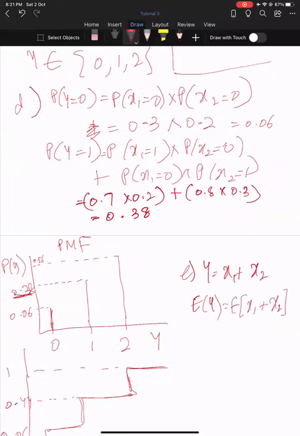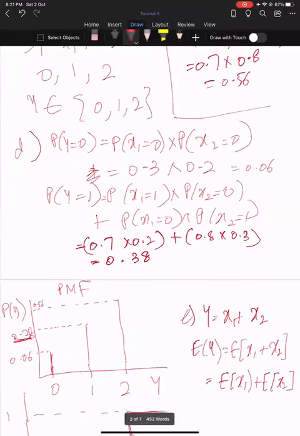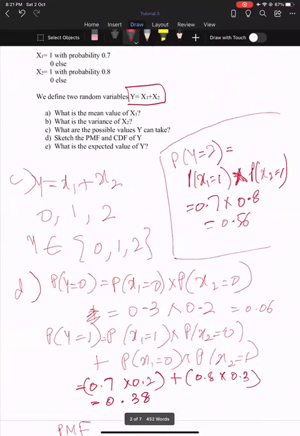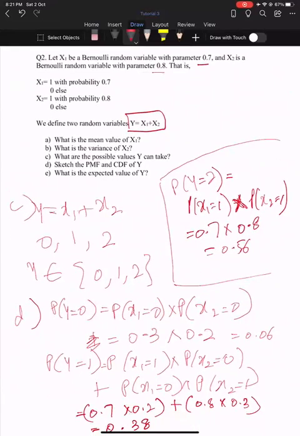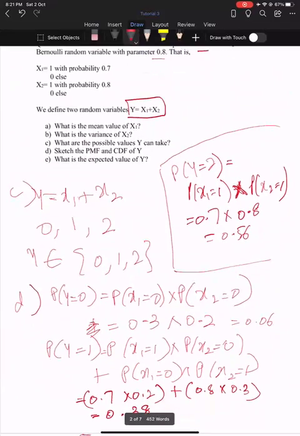So expectation, we will apply linearly: if a and b are variables, then for a plus b we would go like E[x1] plus E[x2]. So the expected value of x1 we found in part a, which I have mistakenly erased, but I think it was 0.7.